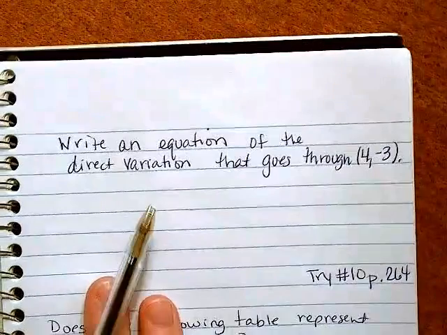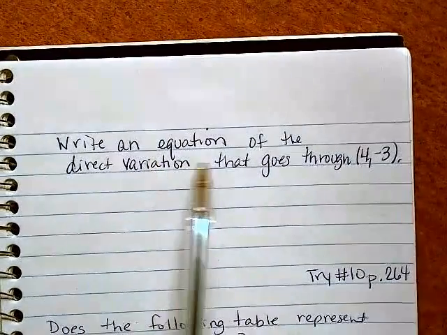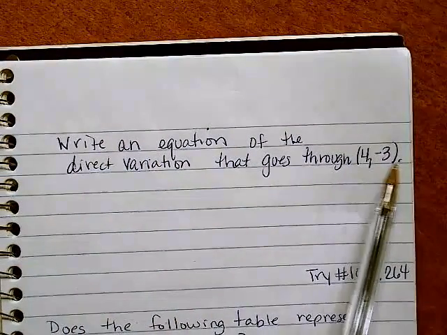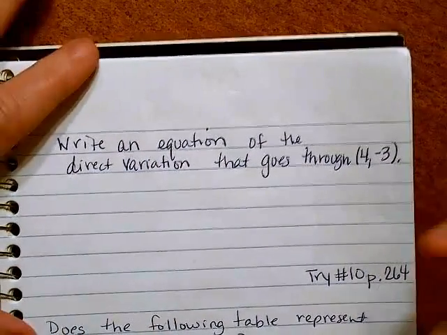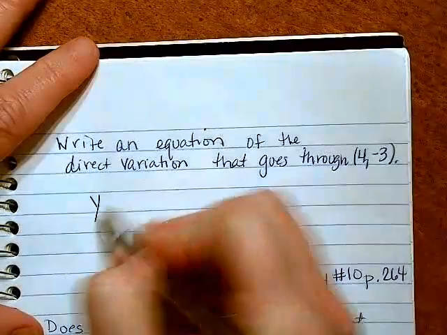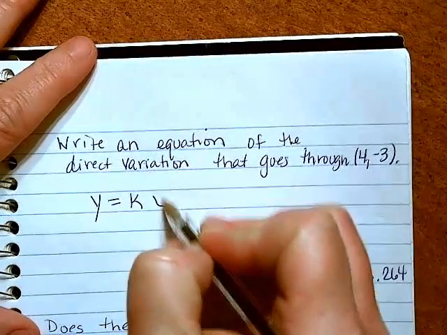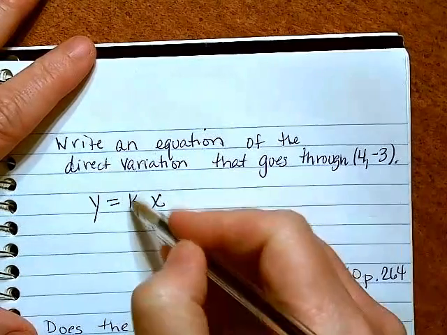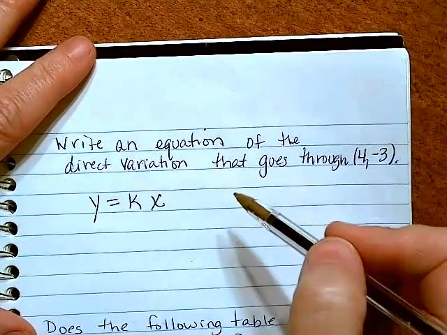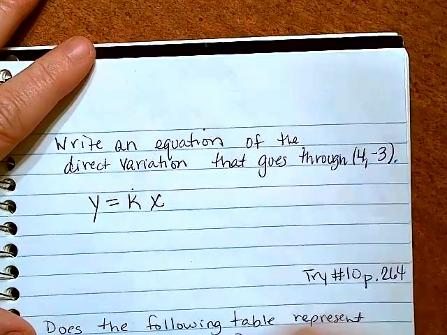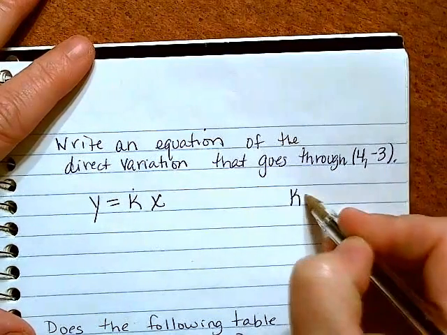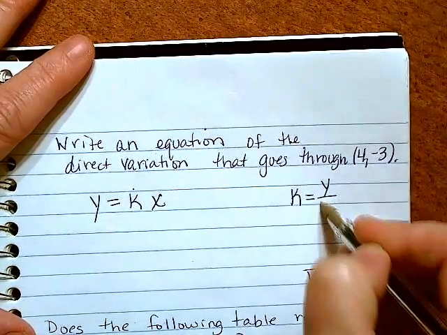Here we go. It says, write an equation of the direct variation that goes through the point 4, negative 3. Now, let me tell you something. Your equation says y equals k times x. The only thing that you need to replace is the k, and k will always be the ratio of y over x.